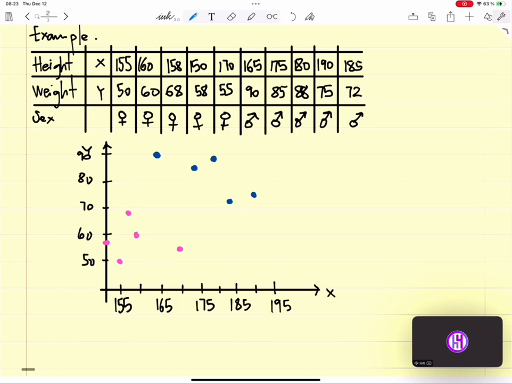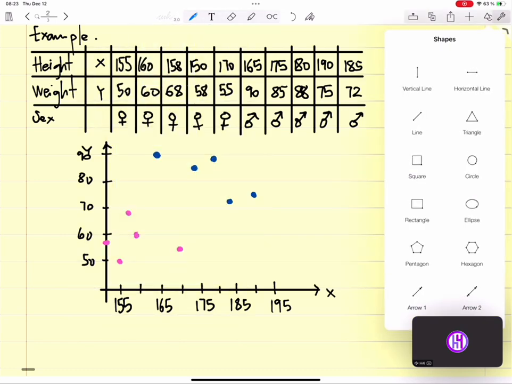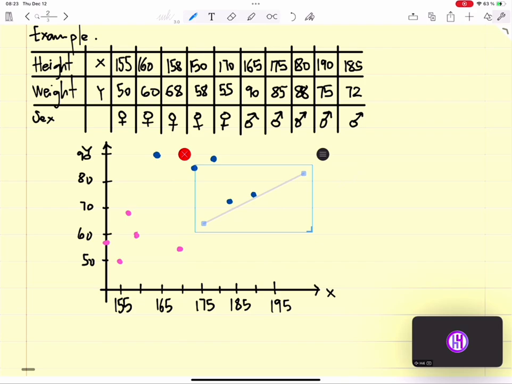There are several ways to do it, but I'm just going to look at the easiest. So you draw one possible line. This is not the best way, but it's the easiest way to explain it, and I guess for our level it's okay.